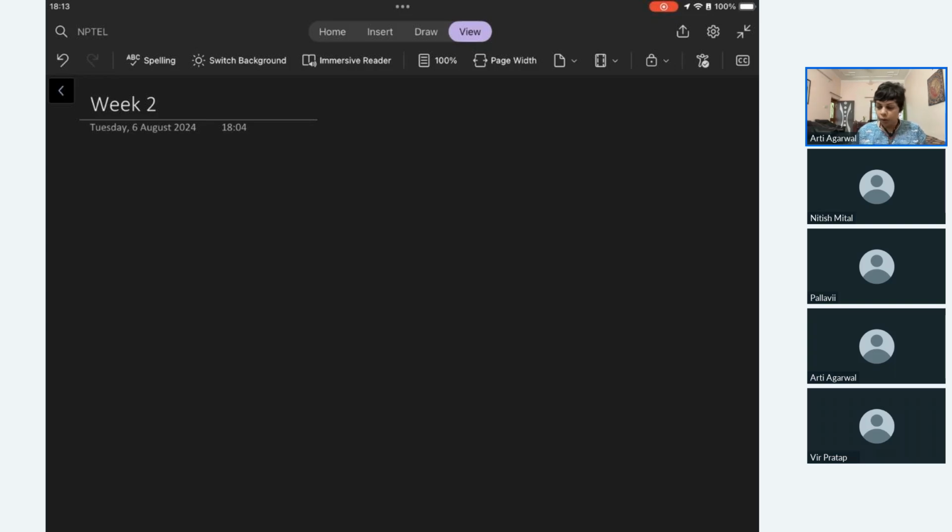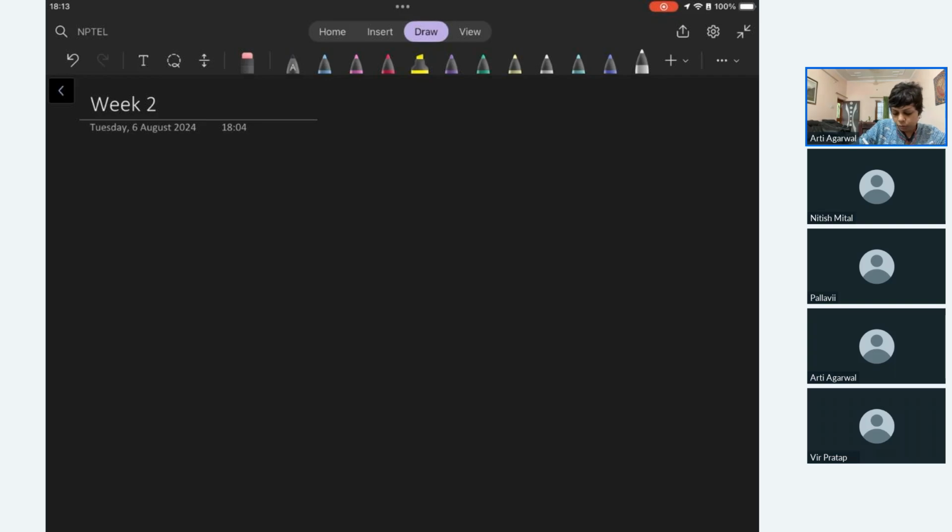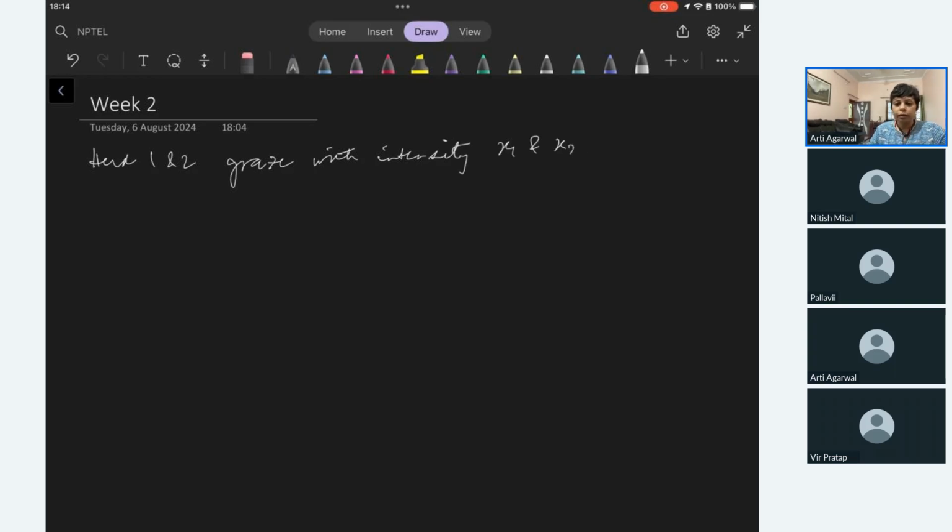So you can start with a simple equation: herd 1 and herd 2 choose to graze with, say, intensity x1 and x2, right? So let's just simply write out the utilities. If I'm writing the utility of herd 1, it will be u1(x1, x2).